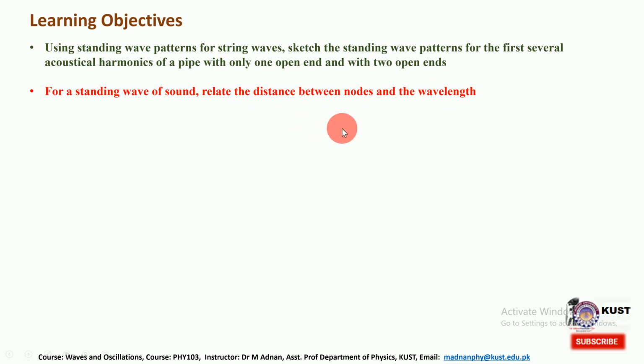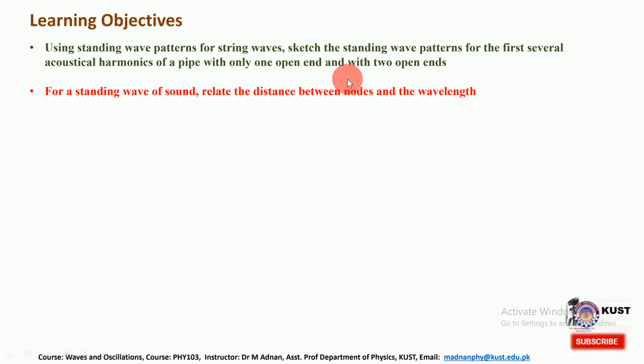If you remember, in the lecture on standing waves on a stretched string, we discussed the nodes and antinodes, and we concluded that the distance between two nodes is lambda by 2. Nodes are those points where the element of the rope has zero displacement.